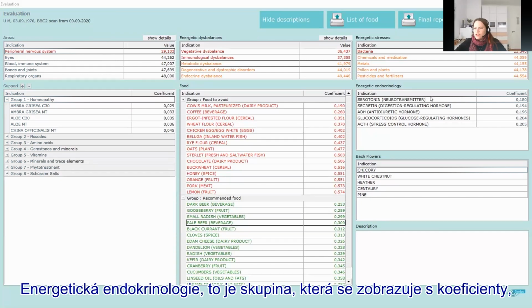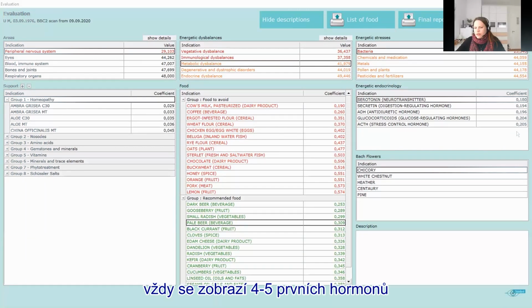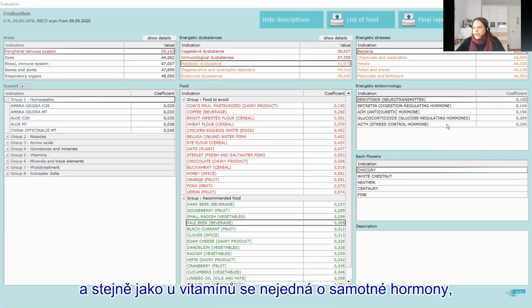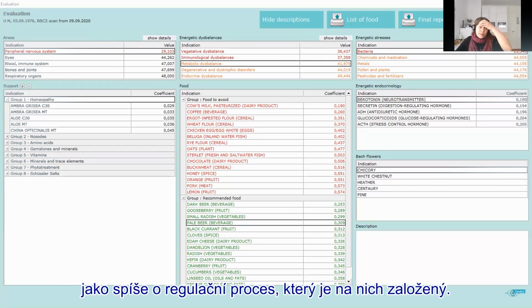So the energetic endocrinology is a group. It's listed with the coefficients, but we don't have a stop where it's listed, so you always get listed the first 5 of the hormones. And the same with the vitamins. It's not about the hormone itself, it's about the regulation process of the hormone.